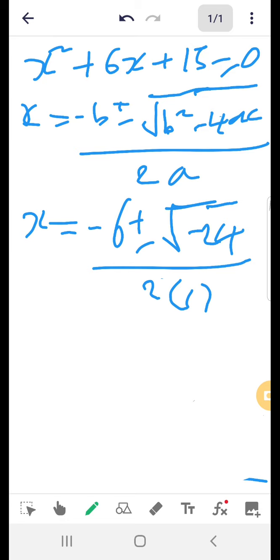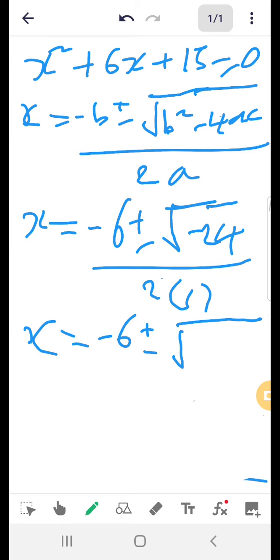Okay, so this is going to be x equals negative 6 plus or minus. Then here now we're going to break down this. We're going to look at numbers that you can multiply, the factors of negative 24.